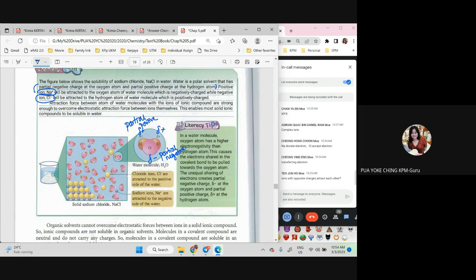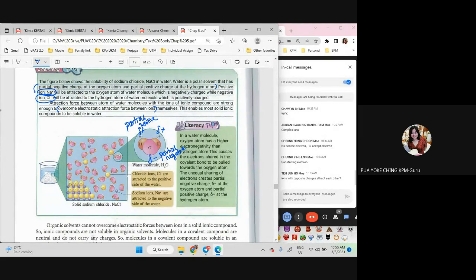So, dia ada separa positif pada H, dia ada separa negatif pada O. So, H dan O di water molecule akan pergi tarik negatif ion dan positif ion dalam ionic compound. Dan tarikan air, okay, the partial charge itu lebih kuat, sehingga dia boleh overcome electrostatic forces between ions.